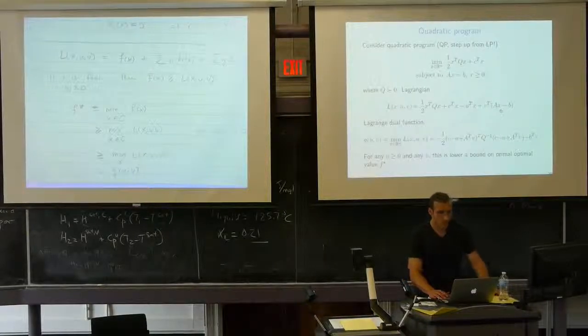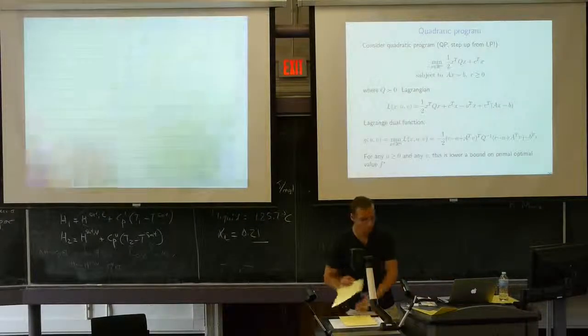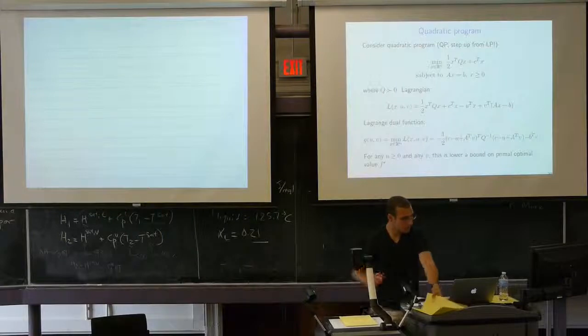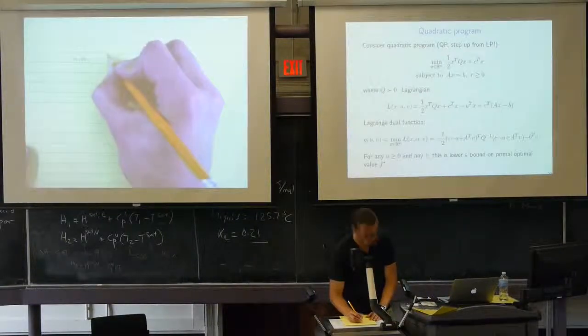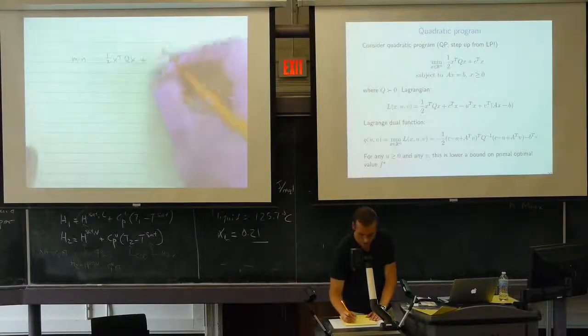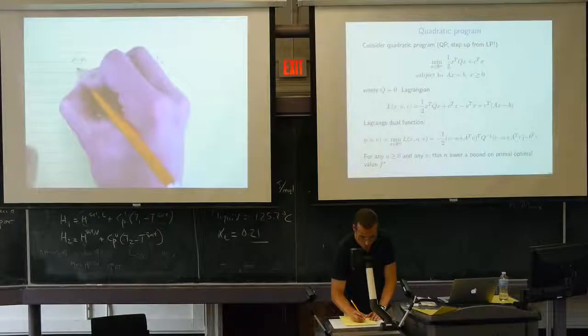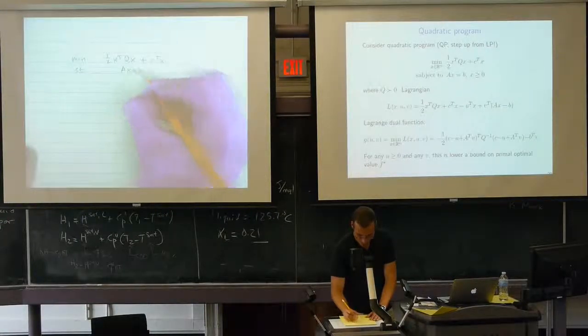So here's an example for a quadratic problem. We talked about LPs. Here's a QP example. So I have now 1/2 x transpose Q x plus c transpose x subject to A x equals b, and x being bigger than or equal to 0.